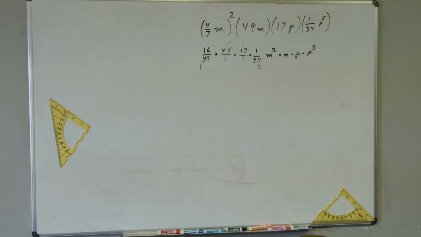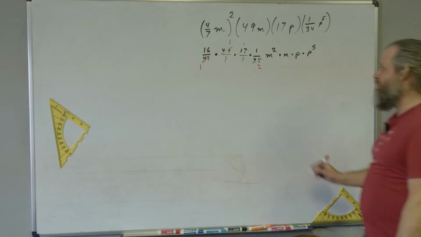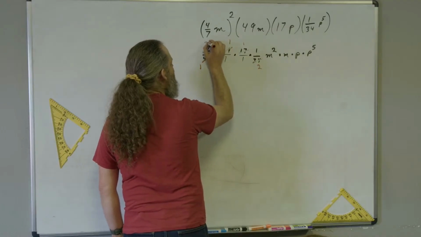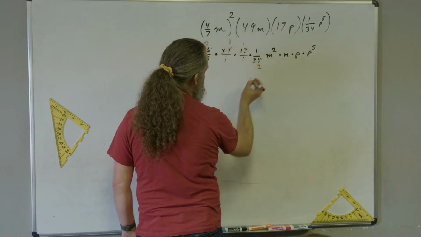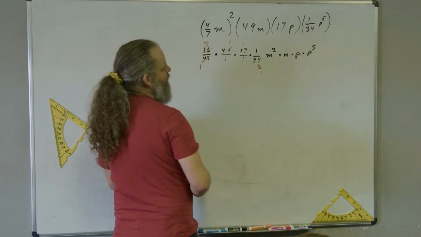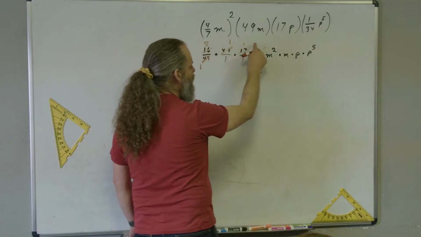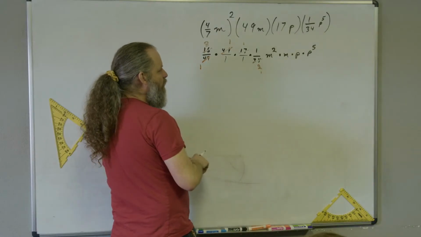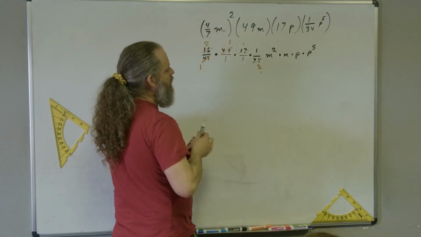Can we do any more pre-reducing? Well, 16 and 2 are both even, which means they're divisible by what? 2. What's 16 divided by 2? 8. What's 2 divided by 2? 1. 8 times 1 times 1 times 1 is still 8. 1 times 1 times 1 times 1 is still 1. So the number is going to be 8.